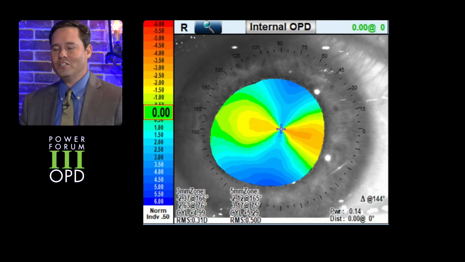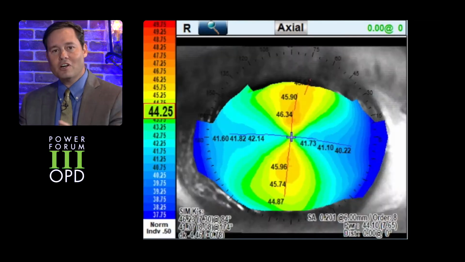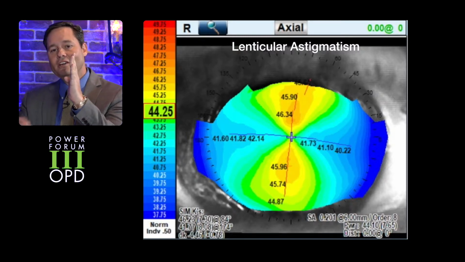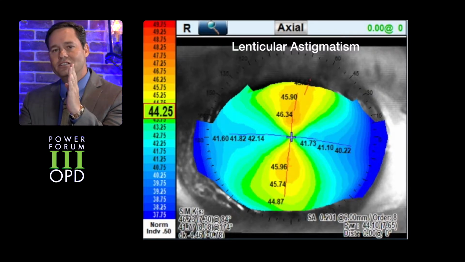Now, of course, we all know when you do a toric IOL, what is it? It's the patient that is on Flomax and the pupil's already coming down, so we can't even see the marks well to put the lens in, much less can we dilate them very well in the clinic afterwards. So this is a wonderful way to be able to sit there and have your printout that shows, okay, here's the vertical astigmatism on the cornea, but here is the horizontal astigmatism canceling it out on the lens.